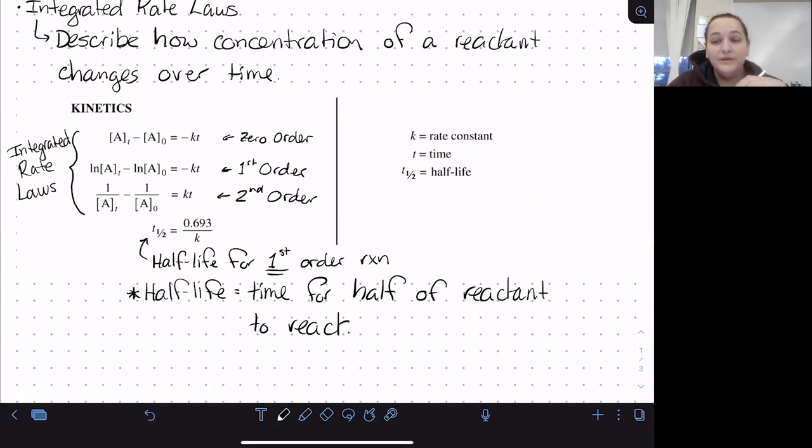And you'll notice that you're only given an equation for first order reactions, and that's because for a first order process, half-life is always constant as long as temperature is constant. For other things, it actually changes throughout the course of the reaction.